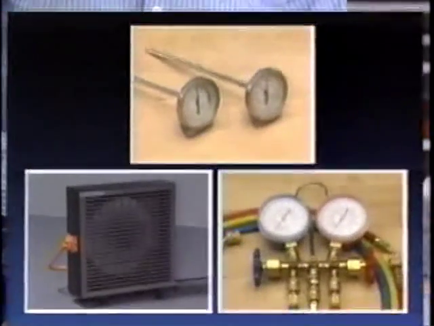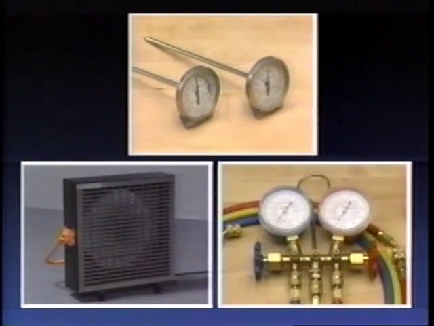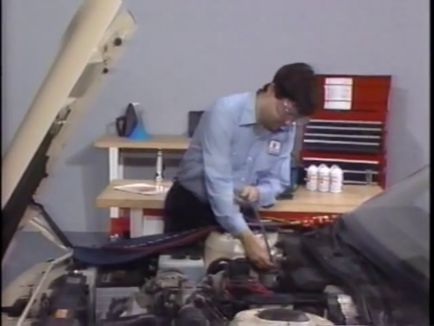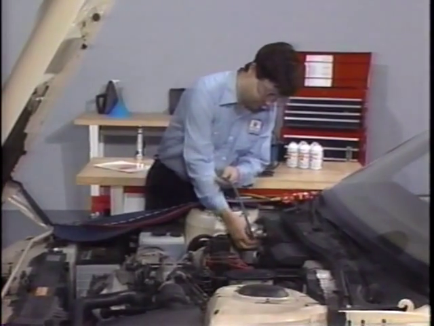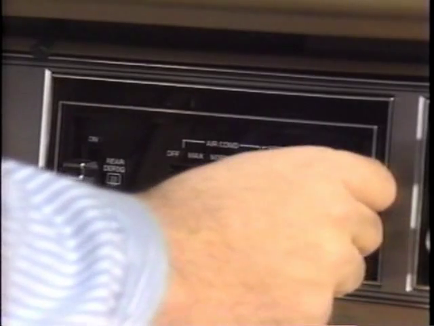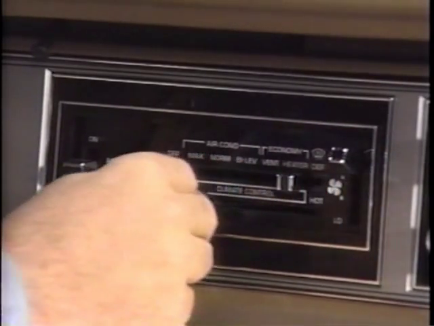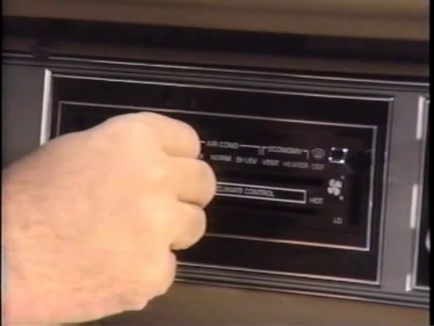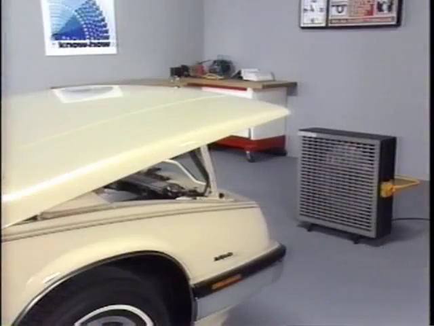To performance test the system, you'll need 2 thermometers, an auxiliary fan, and an air conditioning manifold gauge set. Begin by connecting the gauge set to both the high and low sides of the air conditioning system. Stabilize the air conditioning system by setting the controls for maximum cooling with the blower on high and running the engine at 2,000 RPM for 5 minutes with an auxiliary fan in front of the condenser.